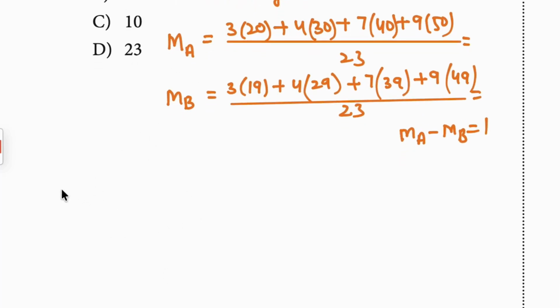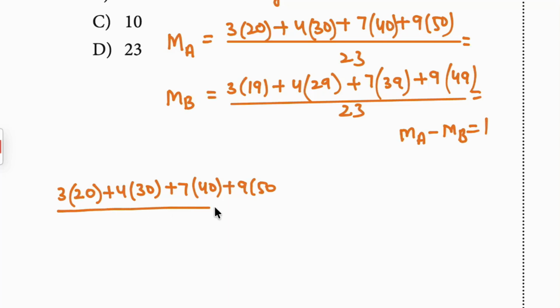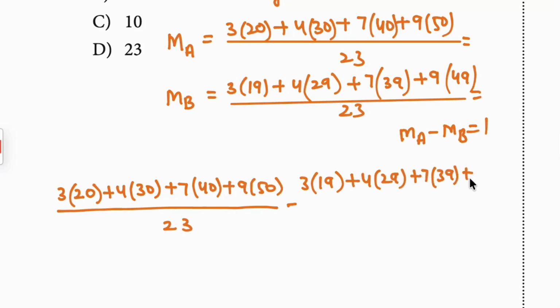So m of A minus m of B is 3 times 20 plus 4 times 30 plus 7 times 40 plus 9 times 50 over 23, minus 3 times 19, plus 4 times 29, plus 7 times 39 plus 9 times 49 over 23.